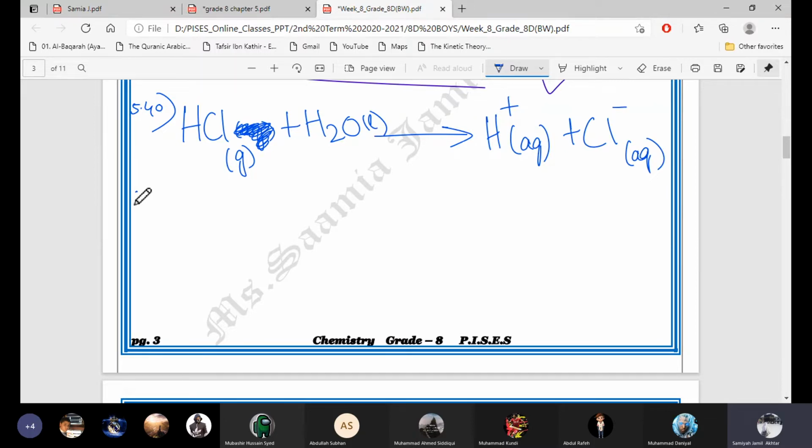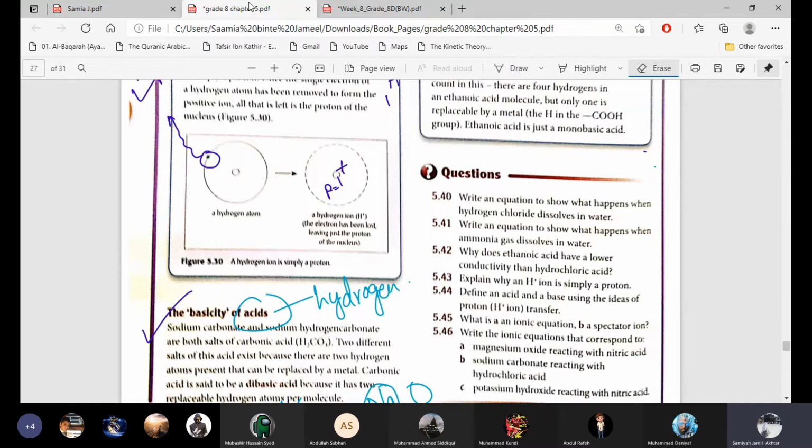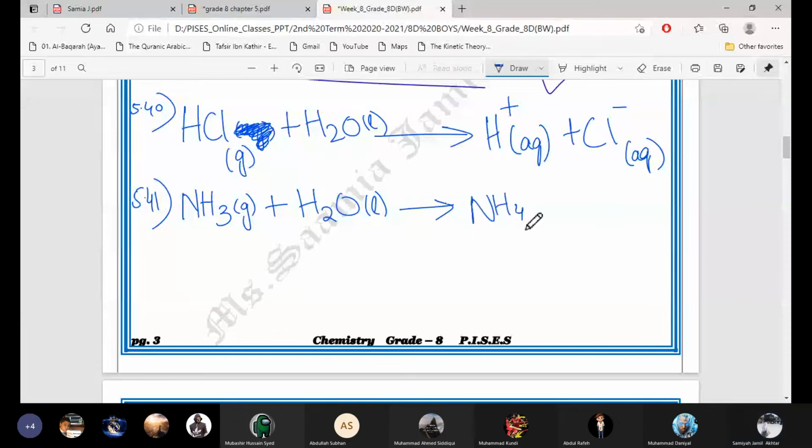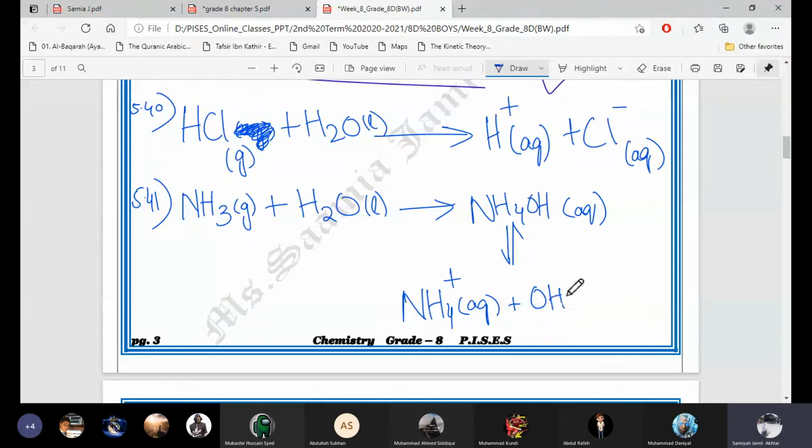Then 5.41 is write an equation to show what happens when ammonia gas dissolves in water. So ammonia gas, NH3, is a gas. When it is dissolved in water, it forms ammonium hydroxide, aqueous, which will split into NH4 positive aqueous and OH negative aqueous.